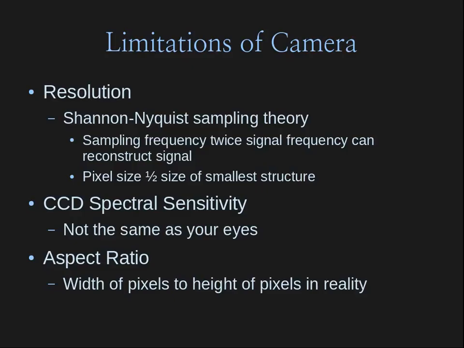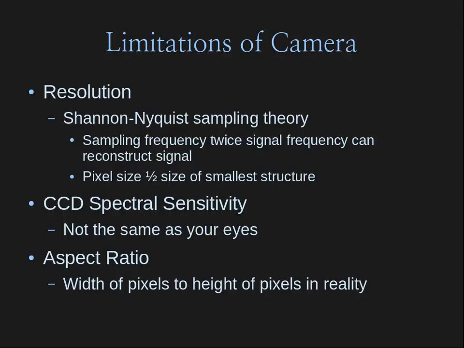The other thing that we need to keep in mind is the aspect ratio. Because essentially, there are two different levels of aspect ratio. We could be thinking about the aspect ratio of the entire picture, like how many pixels wide and how many pixels tall it is. However, we also have an aspect ratio of each of the pixels, the ratio of the height of the pixels to the width of the pixels in relationship to what there is in reality.